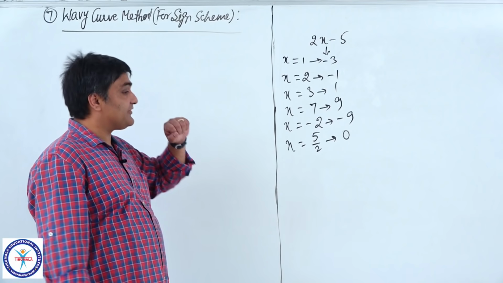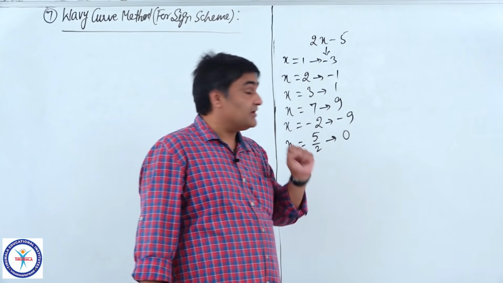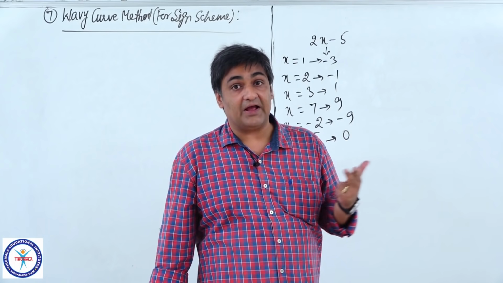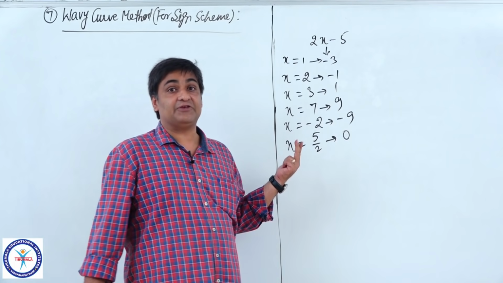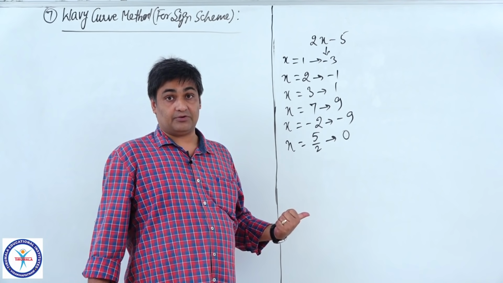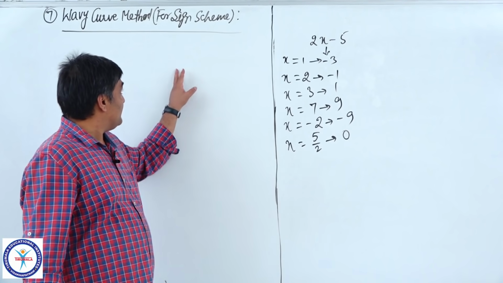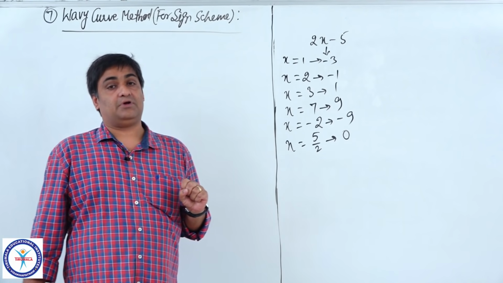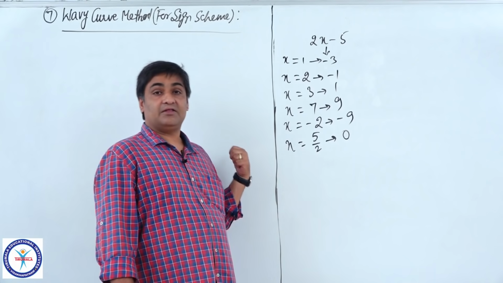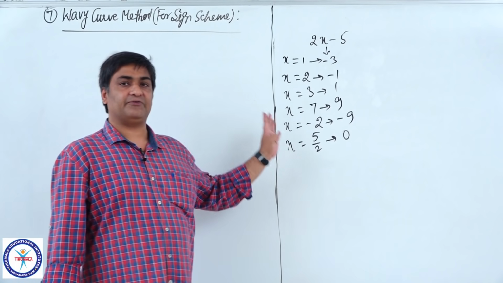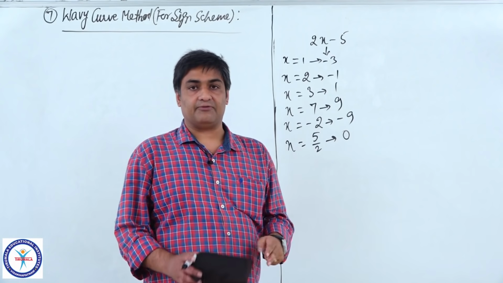So, in sign scheme, we study those values of x for which the expression is positive or negative or 0. We don't have to worry about the exact value of the expression in this topic. We just have to know whether the expression is positive or negative.